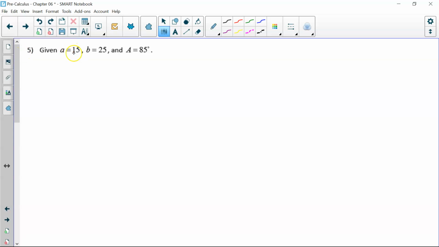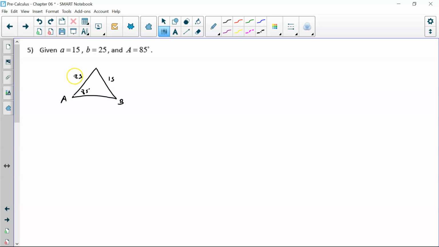Given side A is 15, side B is 25, and angle A is 85 degrees. I'm just going to sketch to help me out. A, so the opposite, and angle B. The opposite of A, here's our 85 degrees, this is 15, and this is 25.